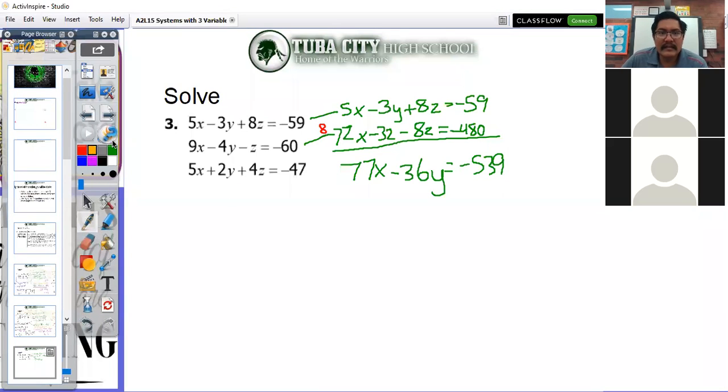Okay, now I need a second pair of these. So I'm going to go ahead and take my top one here. Now again, I picked this one here so I wouldn't have to change that many things. On this top one, I'm only going to have to multiply everything by 4, and the bottom one I can leave the same.